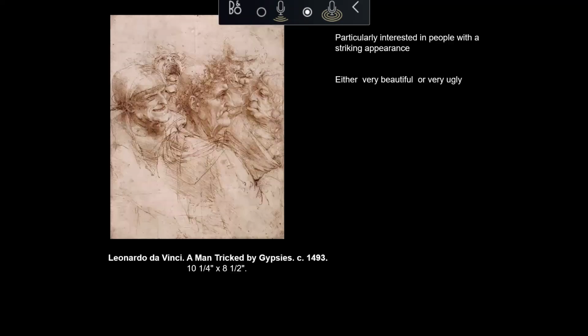These objects that these artists are creating that sometimes may not be viewed as stimulating intellectually or with those moral senses. Take, for example, right here, Leonardo da Vinci's A Man Tricked by Gypsies. Nobody's going to look at that and just automatically go, "Oh, that's so beautiful. They're so handsome. These are gorgeous people," right? We have to look past that subject.